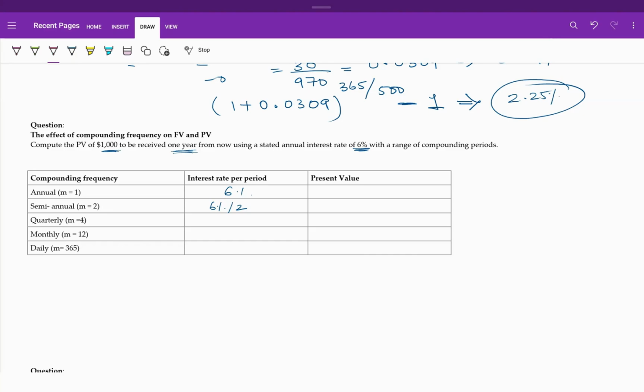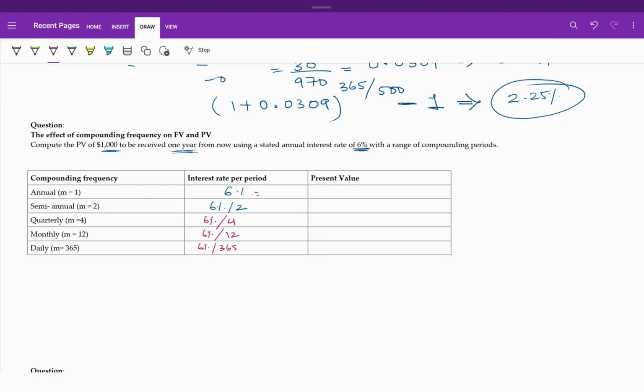When the frequency is quarterly, we are going to divide our interest rate by 4. When the frequency is monthly, we divide by 12. And when the frequency is daily, we divide by 365. So no changes here. And this is going to change our present value.